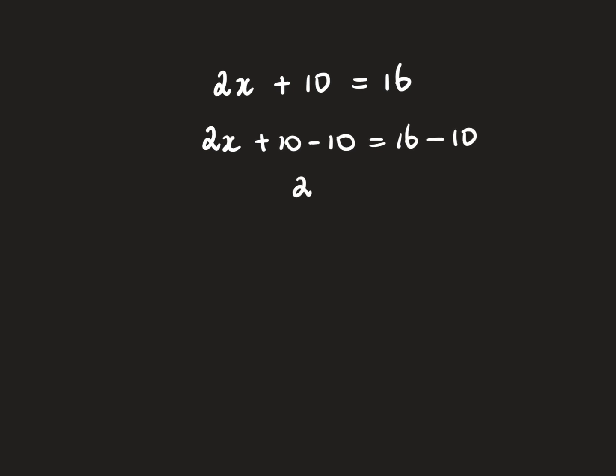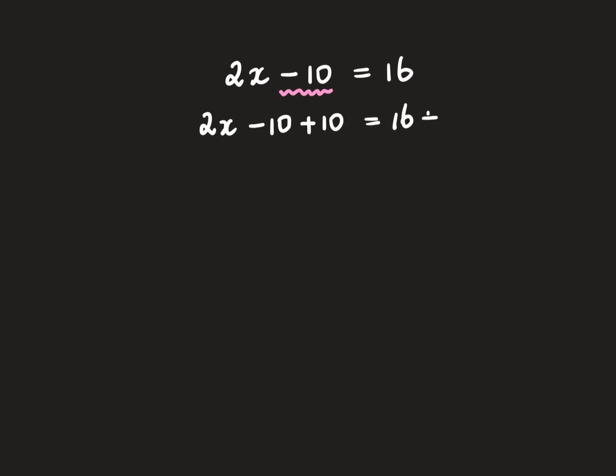Try this one. Press pause. 2x + 10 - 10 = 16 - 10. 2x = 6, divided by 2, cancel, x = 3.